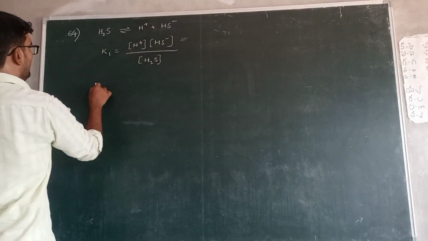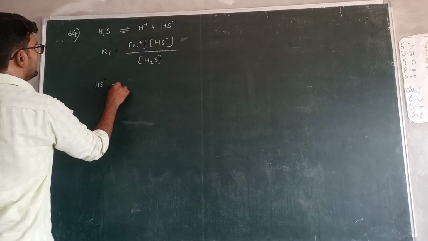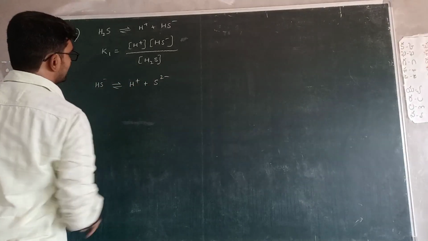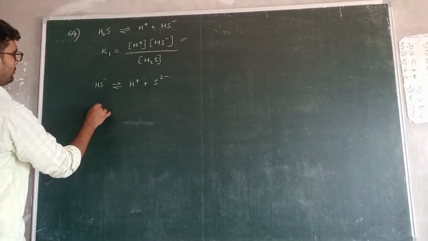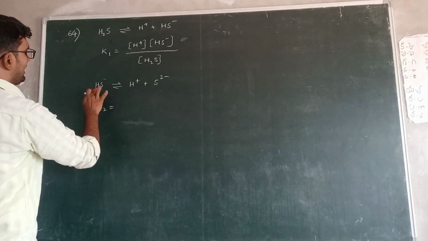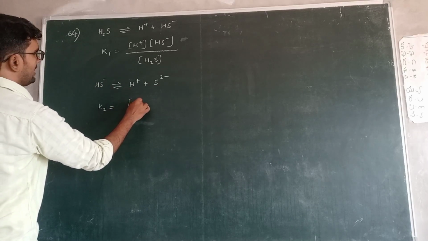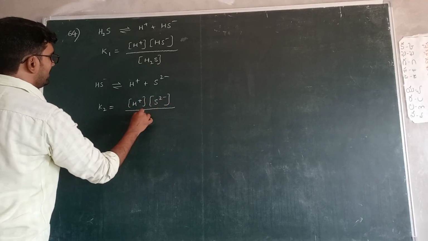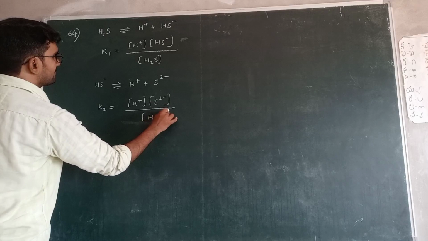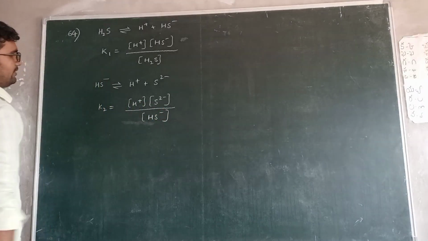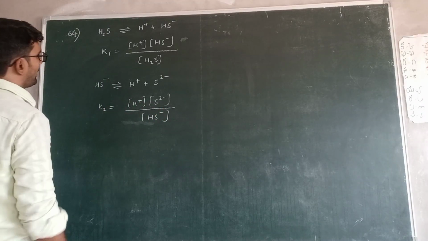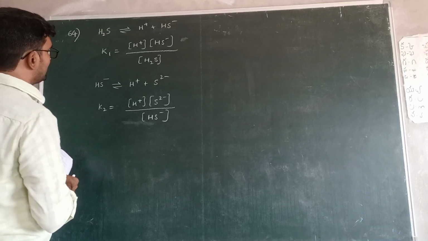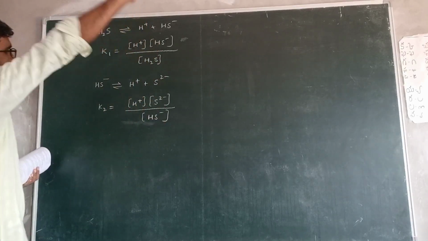Now the second one, HS minus is dissociated as H plus plus S2 minus. For K2, concentration of products by concentration of reactants: concentration of H plus into concentration of S2 minus by concentration of HS minus. This is equation 2. In the end, we want to calculate the pH.